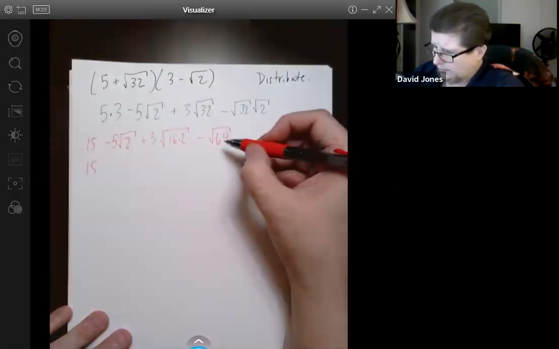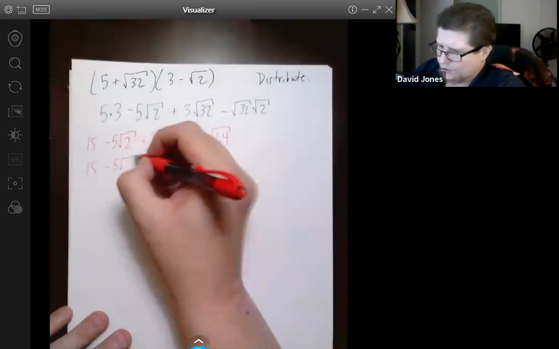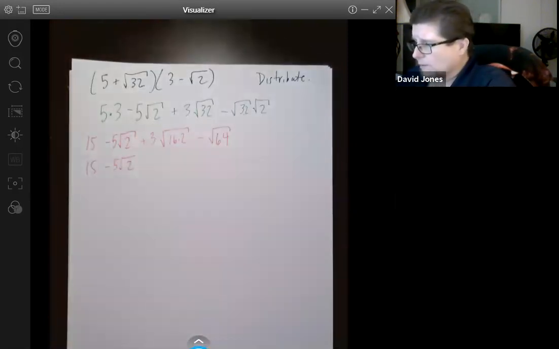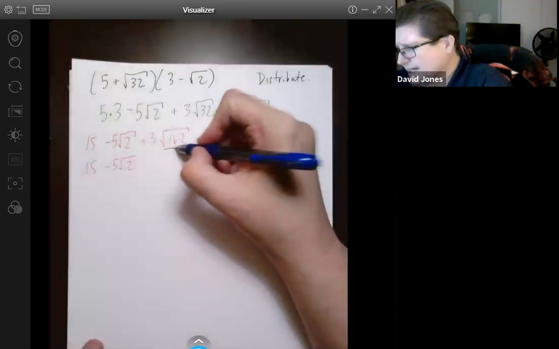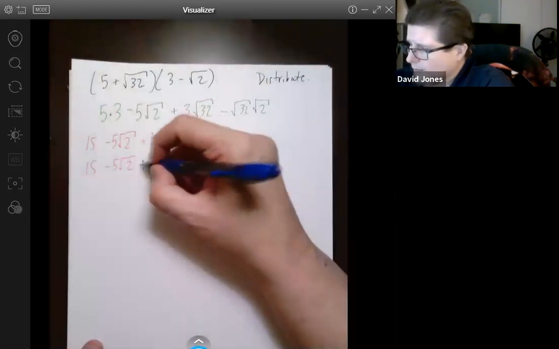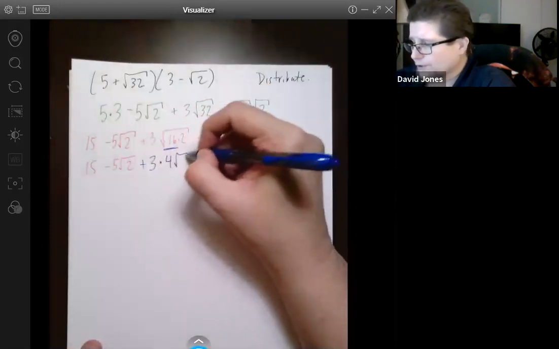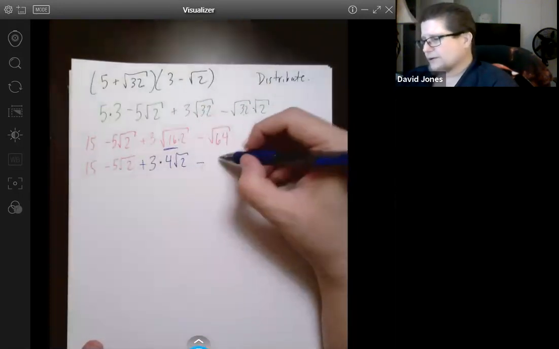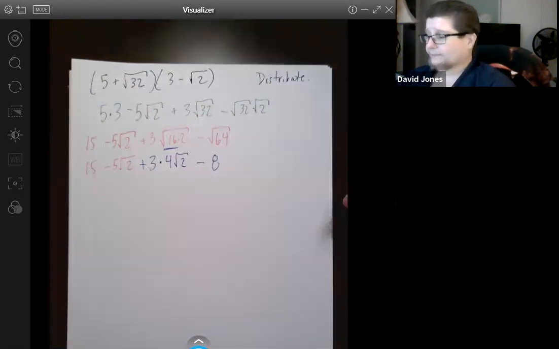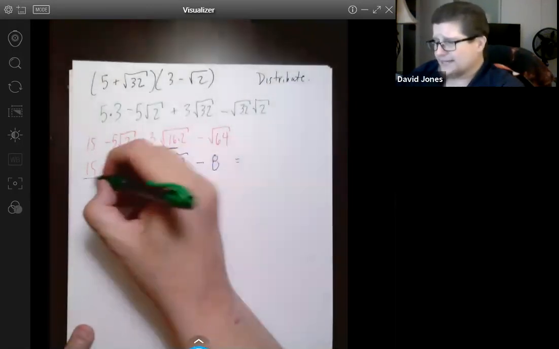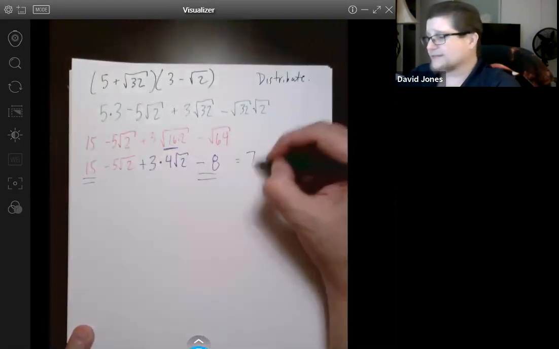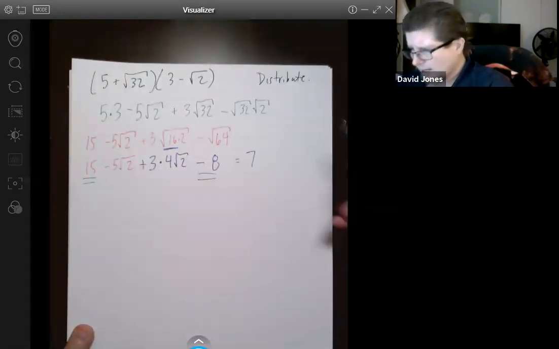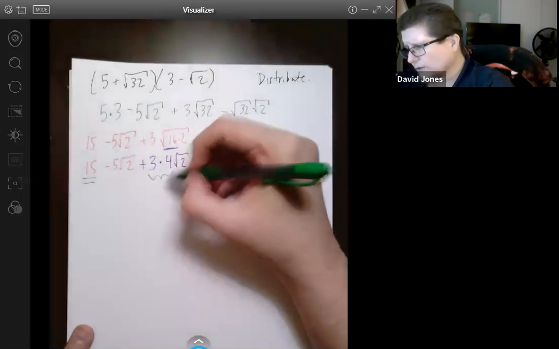Well, the 15 and negative 5 root 2 don't change. But this becomes, the square root of 16 is 4. This becomes plus 3 times 4 root 2. And square root of 64 is 8. So I've got 15 minus 8 is positive 7. And 3 times 4 is 12.